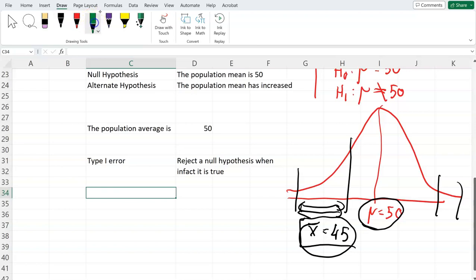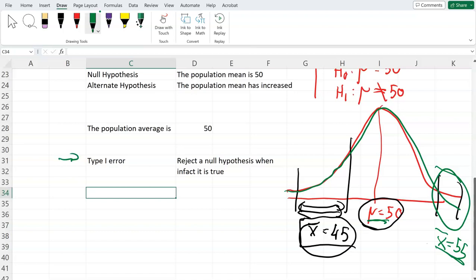Maybe I collected a sample and it is way up here where X bar equals 55, and I tested and found out that no, this actually is true. But if I actually had the information of the whole distribution, I would have noticed that no, it is not true. So in that case, we are committing something called a type 1 error.